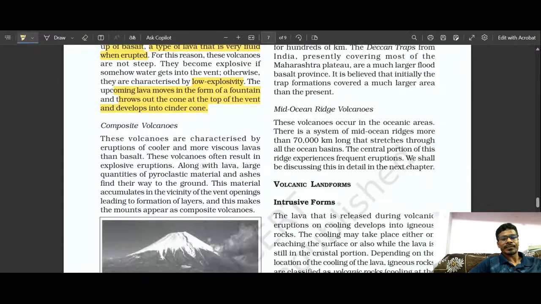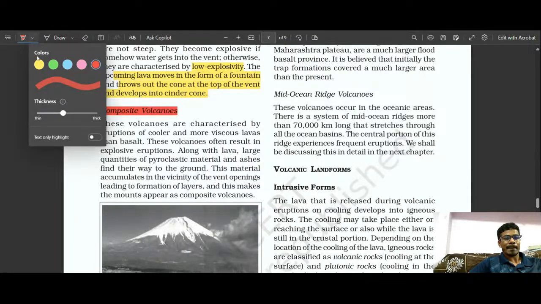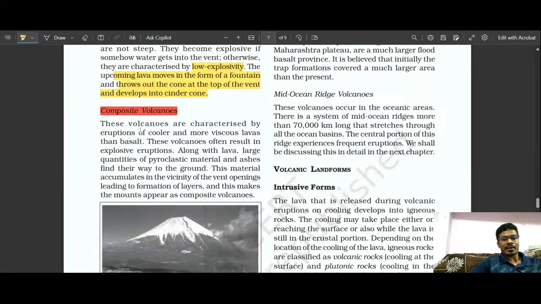Now another one is the composite volcano. These volcanoes are characterized by the eruption of cooler and more viscous lava than basalt. This is a thick one. So these volcanoes often result in explosive eruptions.